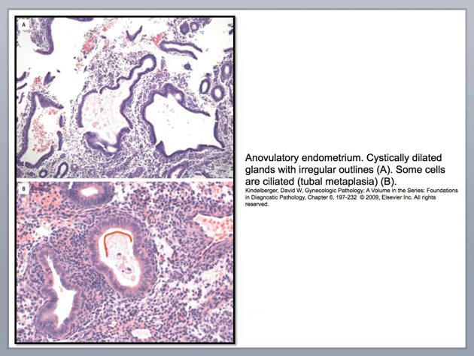With longer exposure, the cystically dilated glands are not prominent, but other features of anovulation are present, including tubal metaplasia, indicated by the red line showing small cilia projecting from the cells into the lumen. Patchy breakdown and surface repair are present.